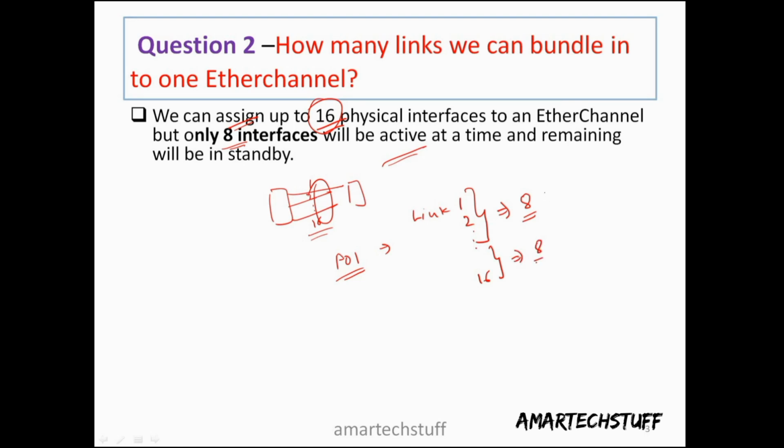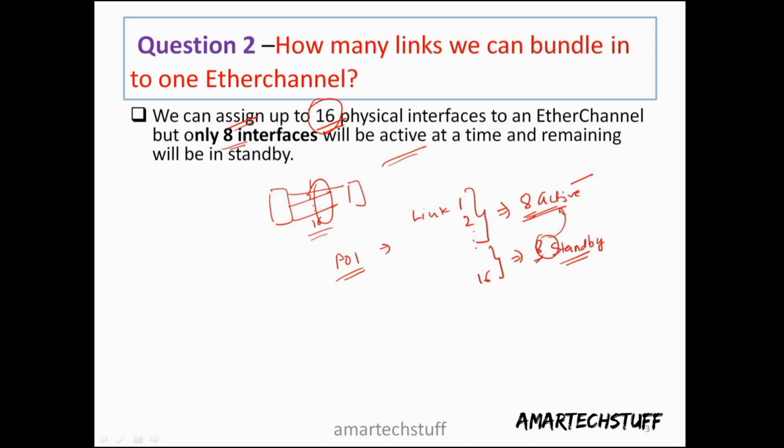When I say 8 will be active, that means the traffic will flow through these 8 active links, whereas there will be no traffic flowing through the remaining 8 standby links. Now in case one of these 8 links fails, then one link will become active from standby. So that is the purpose.